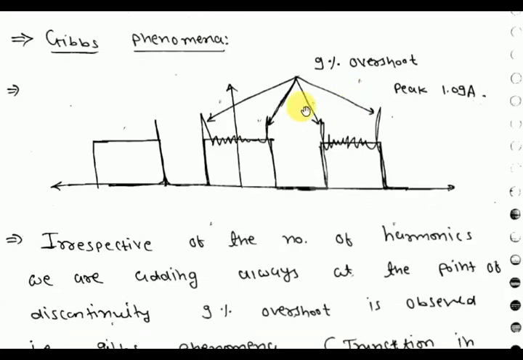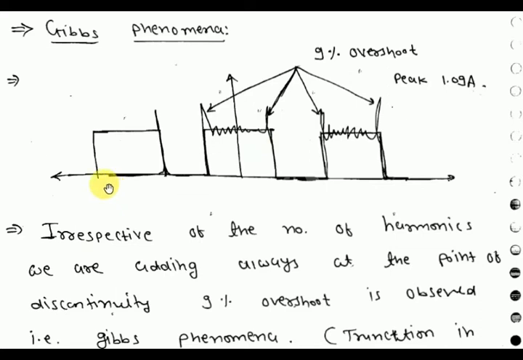What is Gibbs phenomenon? I already told you any periodic signal can be represented in terms of sinusoids. That's why Fourier series comes into existence. So suppose this is a square waveform, which is a sum of different harmonics of sinusoids.